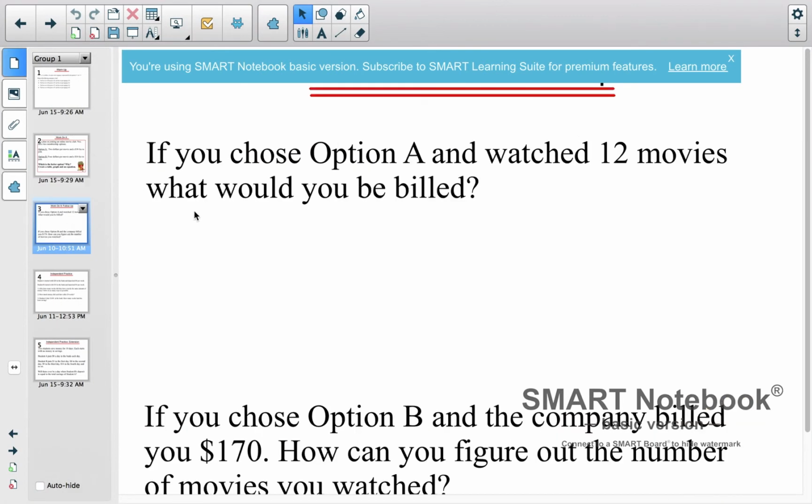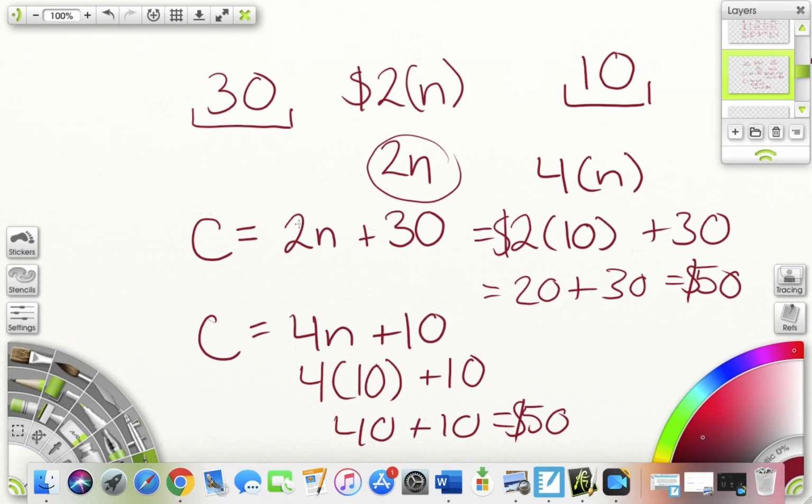So this part here, if I chose option A and watched 12 movies, what would you be billed? So option A was 2n plus 30, so $2 per movie plus $30 for the fee. And in this case, I want to watch 12 movies. So what I'm going to do is take my problem here, and instead of the 10 that I used for the example, I'm going to plug in 12.